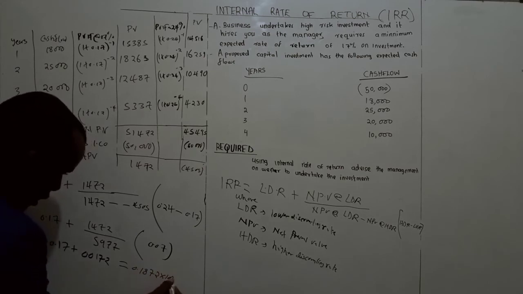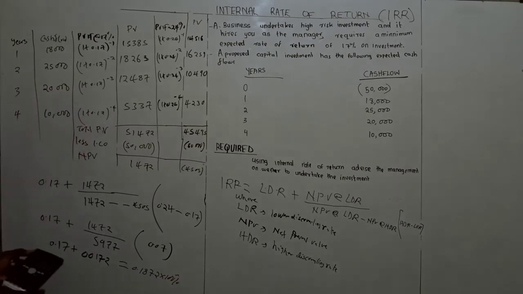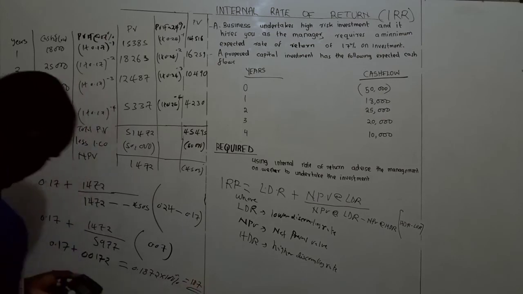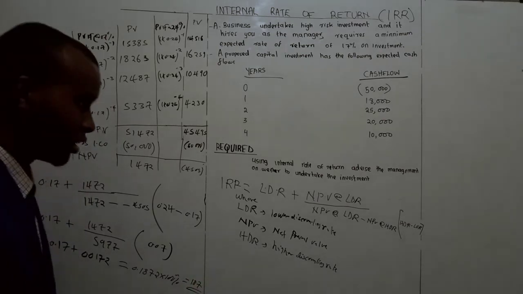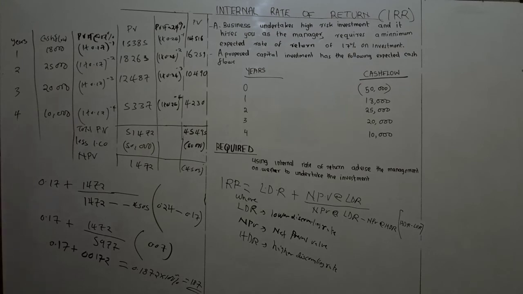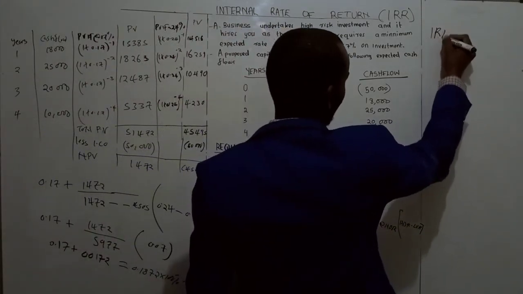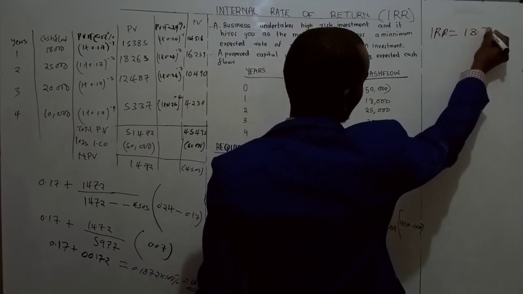Times 100, we have 18.7. So our rate is 18.7%. That is our IRR.